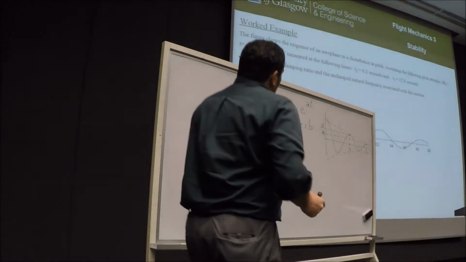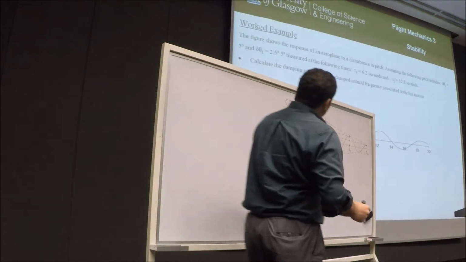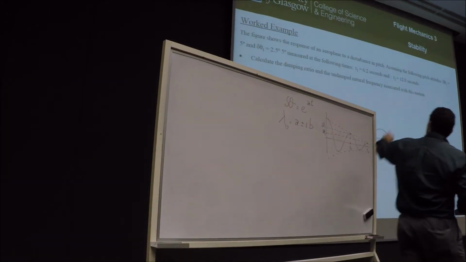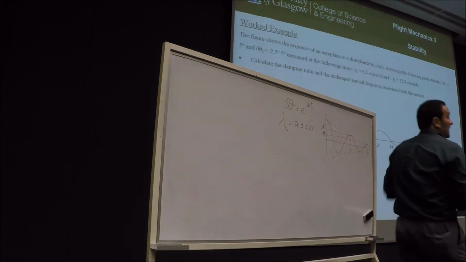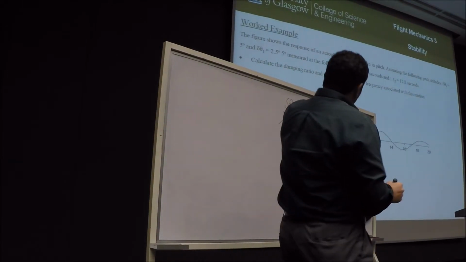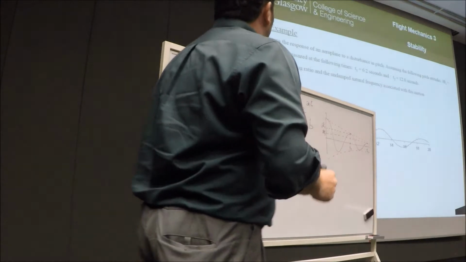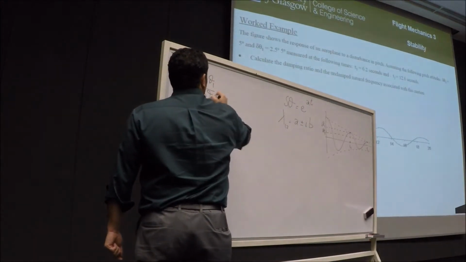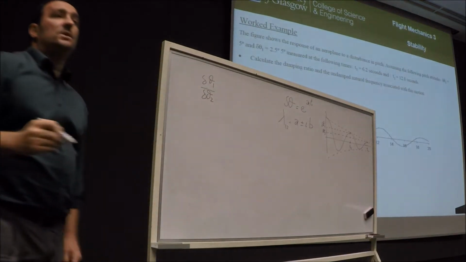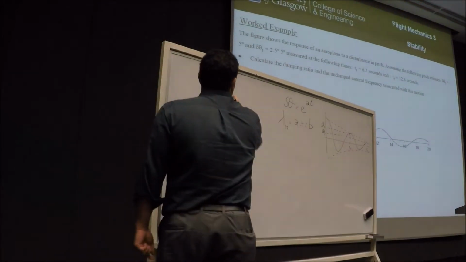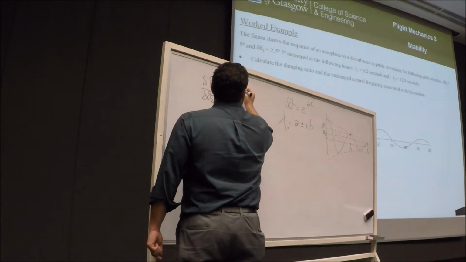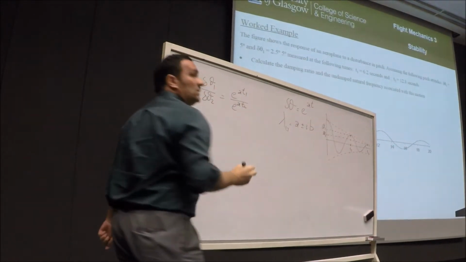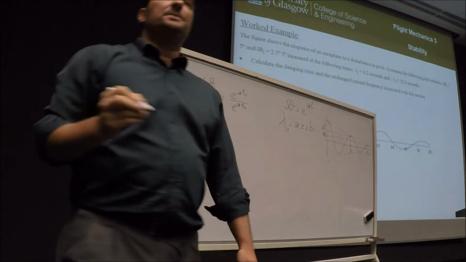So we know that delta 1 is equal to 5 degrees and delta 2 is equal to 2.5. We can take the ratio delta d1 over delta d2, and this will have to be equal to e to the a d1 over e to the a d2.